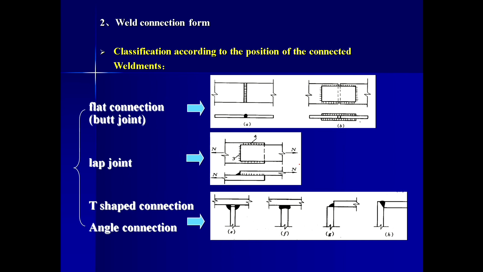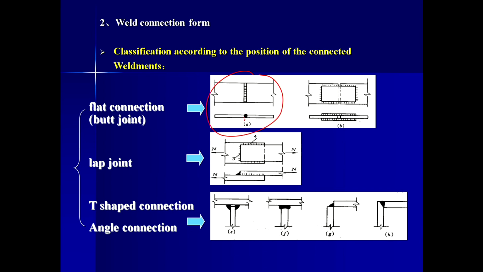Now we can see the welding connection forms. Normally the weld connection includes the butt connection, lap connection, T-shape connection, and angle connection. The first is this figure. We directly weld this in the middle to connect together.